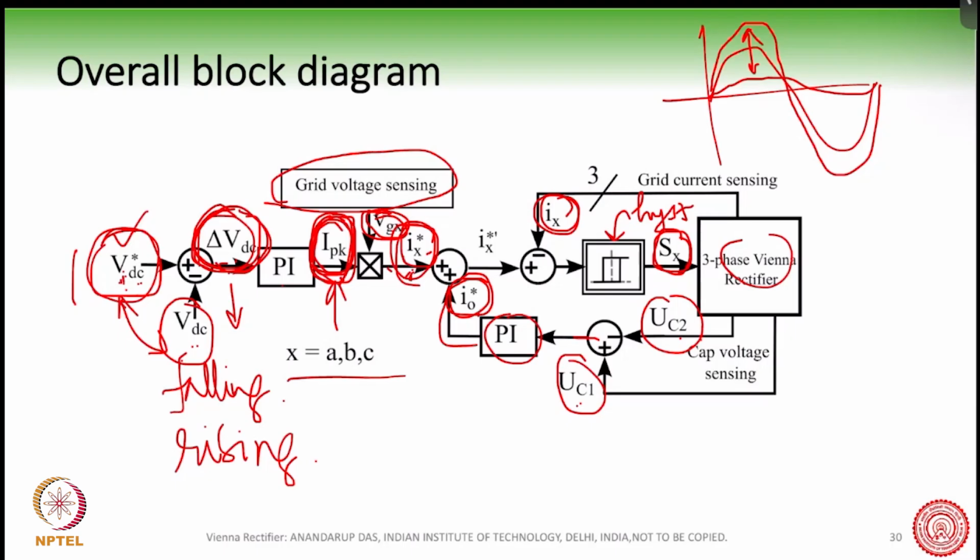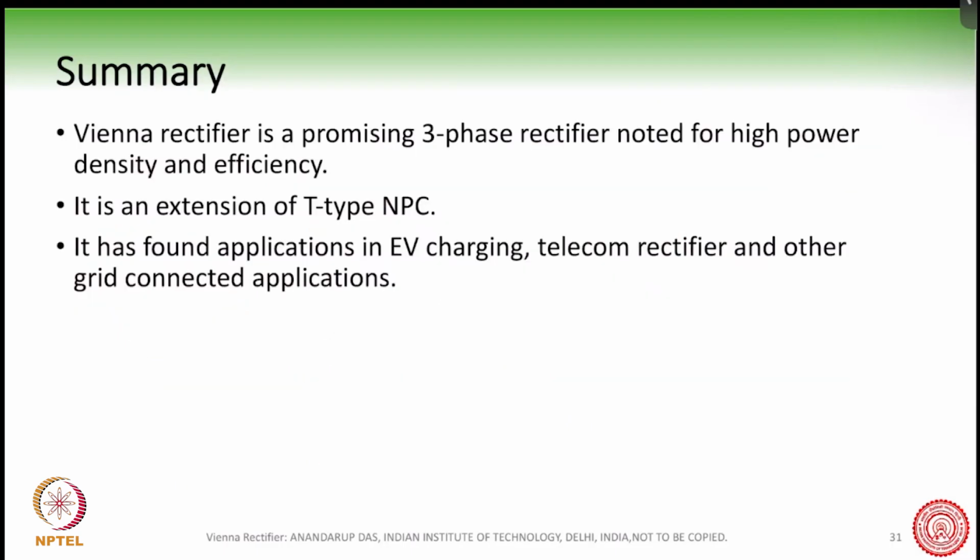So with this we come to the end of this lecture, and here we see that it is a very promising three-phase rectifier. But remember, it is a rectifier. It cannot exchange energy both ways.